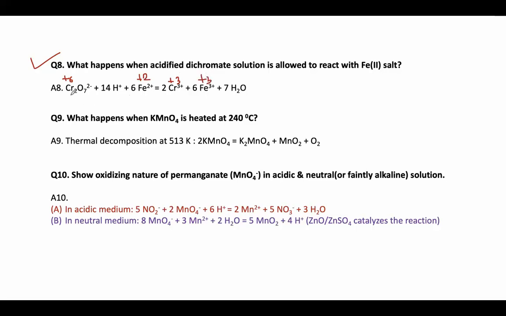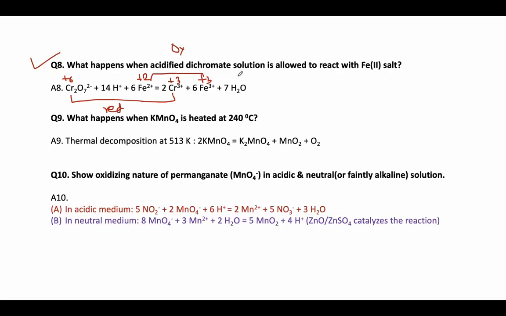So from dichromate to chromium 3, a reduction is taking place, and from iron 2 to iron 3, an oxidation is taking place. So basically, it is a redox reaction in acidic solution.